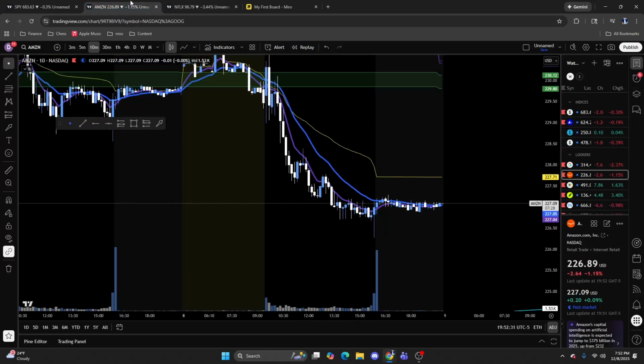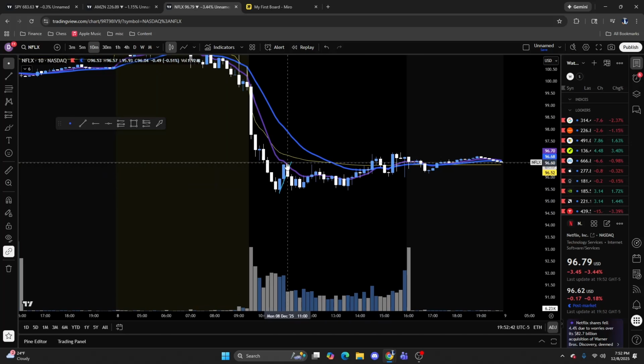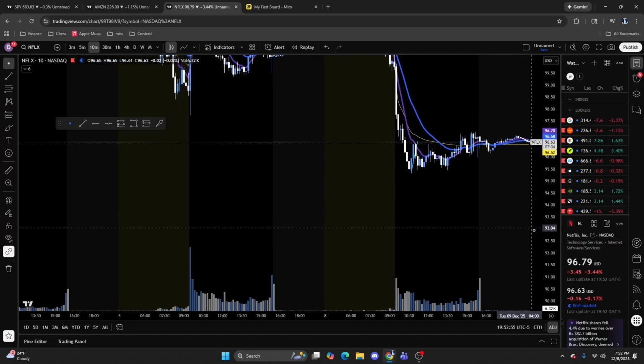Usually for our system, we want a pullback and then we sell our position at a new low or high of day, depending on which way the market is going. But look here. If you entered puts here and then sold here, this is not a new low of day. So you'd probably be holding this until this breaks and then you'd be down quite a lot.